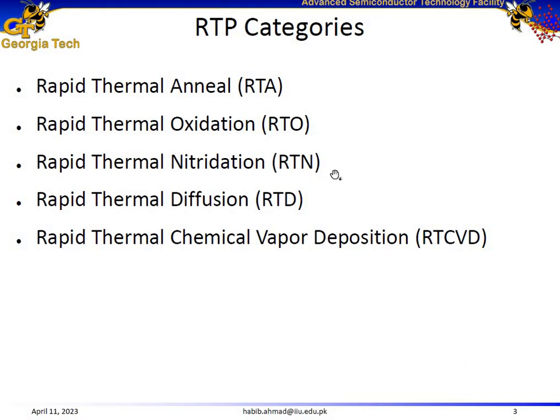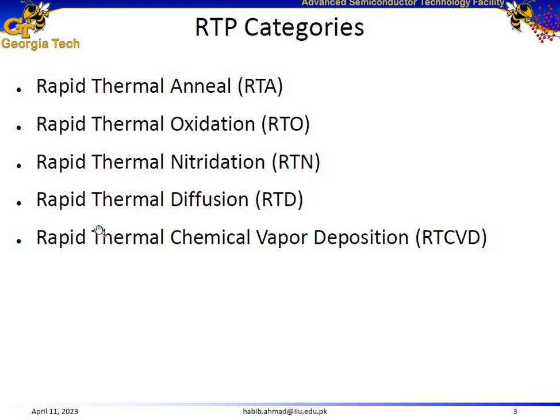The rapid thermal processing categories include rapid thermal anneal, which you perform after ion implantation, or rapid thermal annealing is also performed for activation of the contacts on semiconductors. Rapid thermal oxidation, in which oxidation is performed at high temperature for a short amount of time.